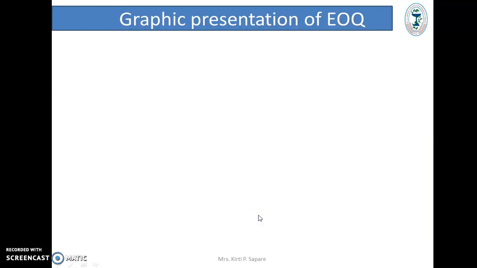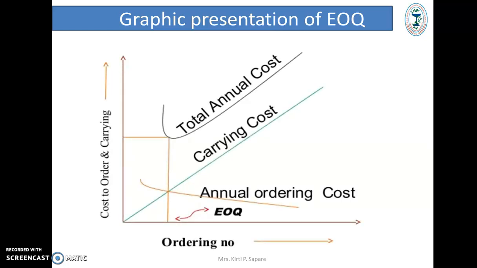Second method, that is graphic representation of EOQ. If we plot the graph between ordering number and cost to order and carry, you will get one point, that is EOQ. At this point, annual ordering cost and inventory carrying cost are minimum, and the sum of these two costs, that is total annual cost, is also minimum.